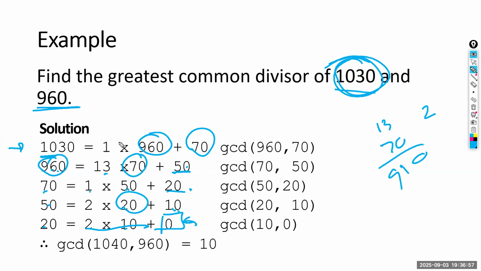So remember, the GCD of 1030 and 960 is related to the GCD of 960 and 70. That is related to the GCD of 70 and 50, which is related to the GCD of 50 and 20, and so on. Okay.